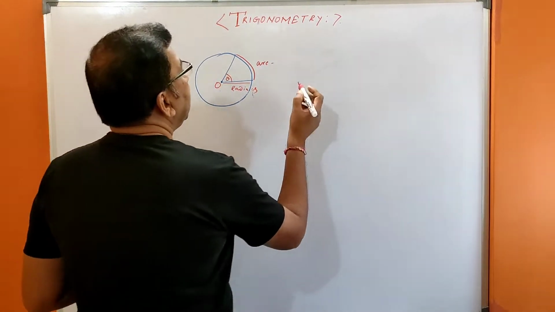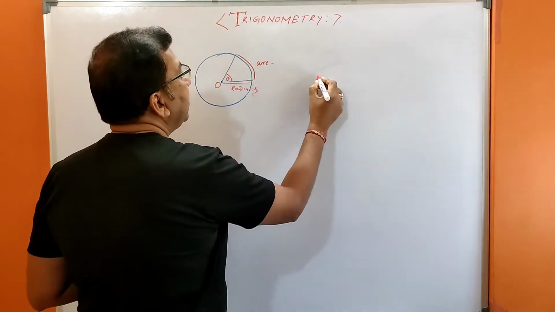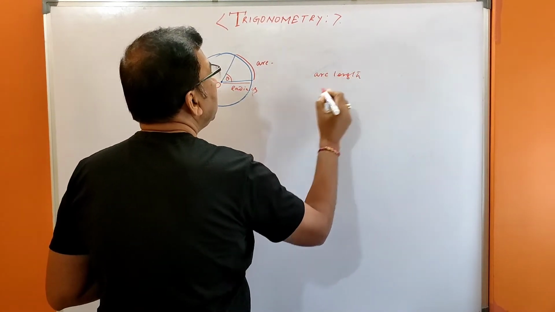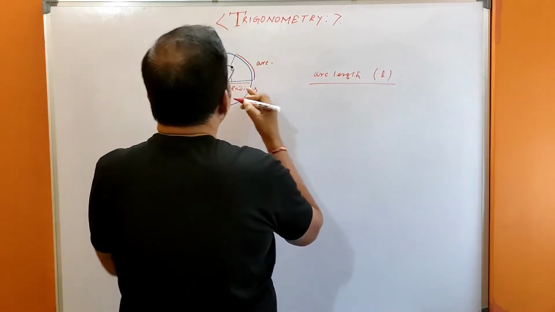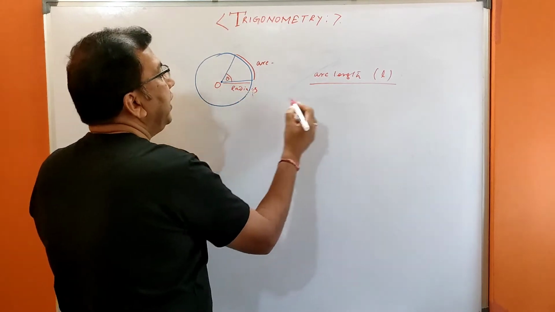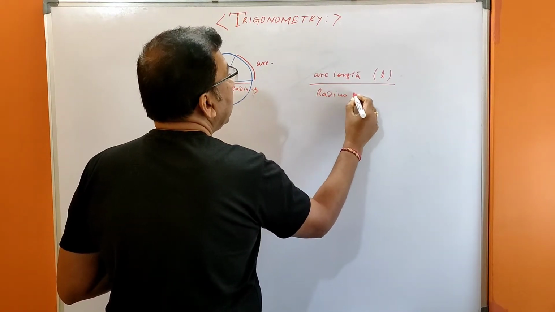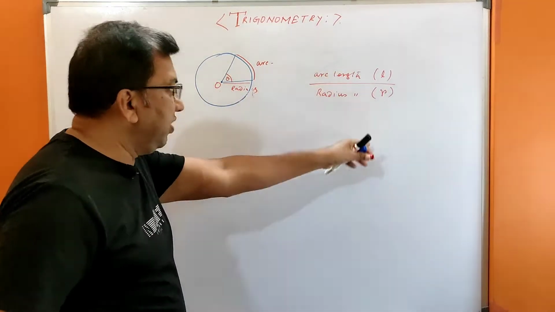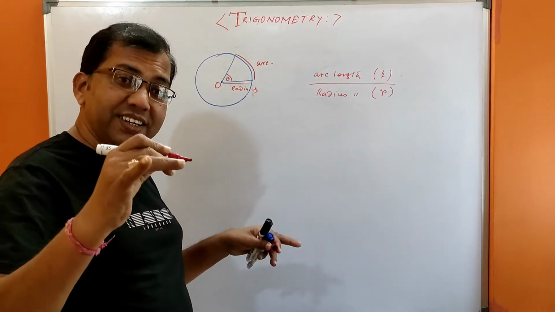Theta is, if you divide the arc length, that is L, by the measurement of the radius length, this division gives the measurement of theta.